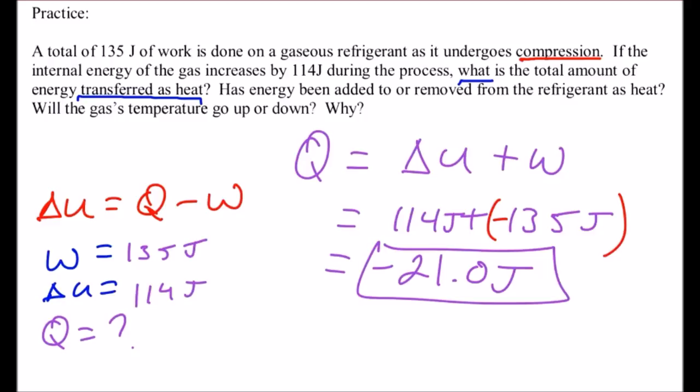It says, has energy been added to or removed from the refrigerant as heat? What do you think? Well, let's think about this. If I've got this negative sign here, what do you think that negative sign means? Yeah, it's lost. That's how much heat energy is lost from the system, which is why a refrigerant can cool something down.